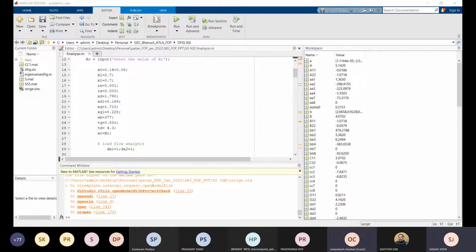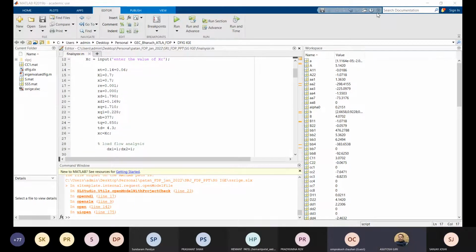Which case have we run? So this shows the unstable case, right? The waveform of terminal voltage at bus A is visible to all.